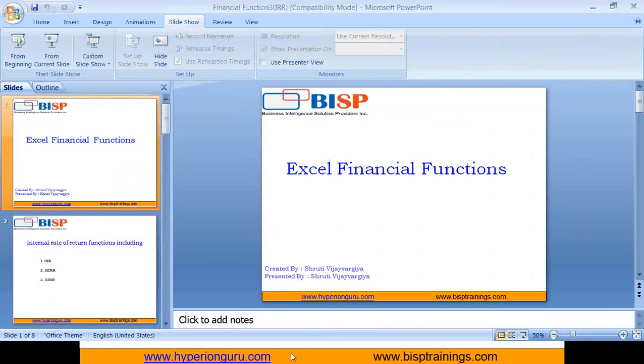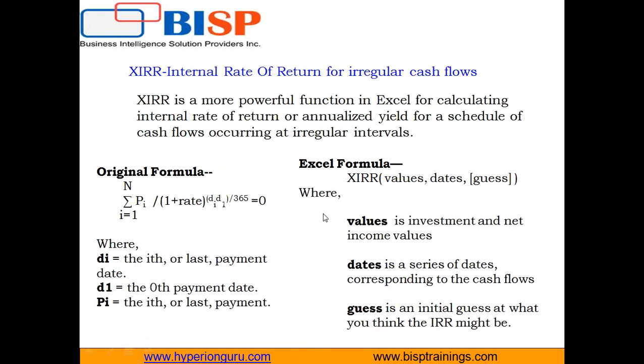Now the next function I am going to explain is XIRR. It stands for the internal rate of return for irregular cash flows. The IRR does not solve one problem, and that is when the payments are at irregular intervals. So in this case, we use XIRR.